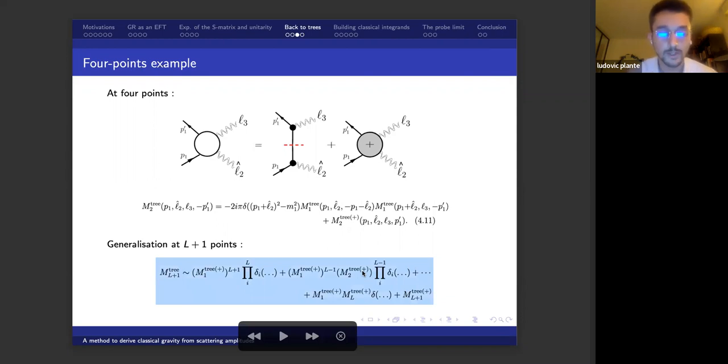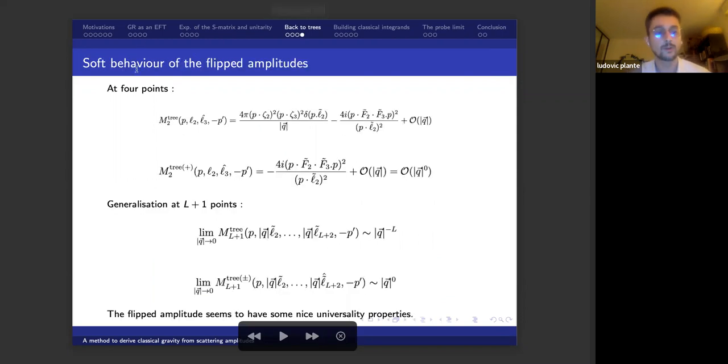It is useful when you consider the soft expansion. So for example, at 4 points, let's stay with this example. You take your 4-point amplitude and you expand it in q. So L, the graviton momenta, behaves like q, and you can expand your amplitude like this, where the leading piece is 1 over q times a delta function, and you have the second piece which is q to the power 0.